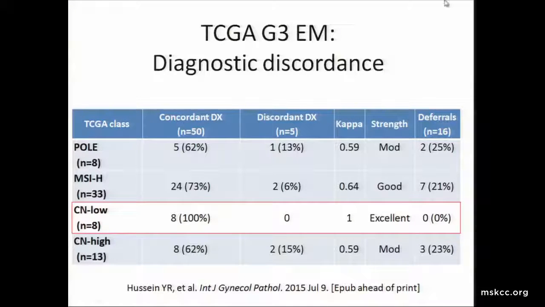And this has some implications for the diagnostic accuracy. What we found in this study, which was a retrospective review of slides submitted to the TCGA of patients who were originally diagnosed as having grade 3 endometrioid adenocarcinoma, was this.